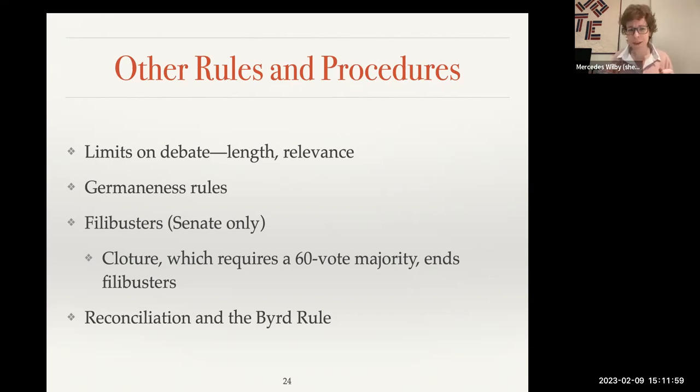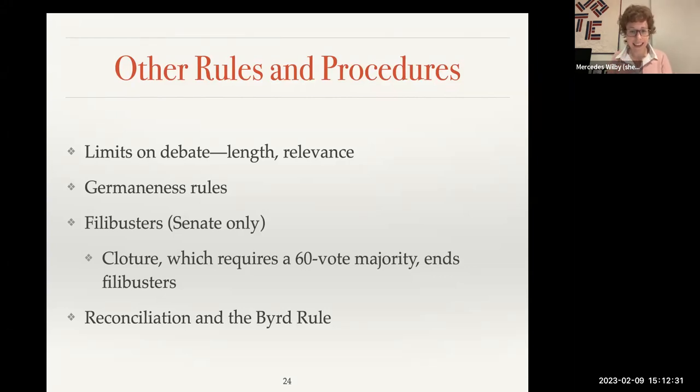So if you want your measure to pass without having to deal with risking a filibuster, you should try to get it onto a reconciliation bill, because that will mean it cannot be filibustered. However, the Byrd rule is in play, named for a senator whose last name is Byrd. And this says that it really does have to be relevant to the budget. You can't just put anything on a reconciliation bill. So you do have to prove its relevance to the budget.